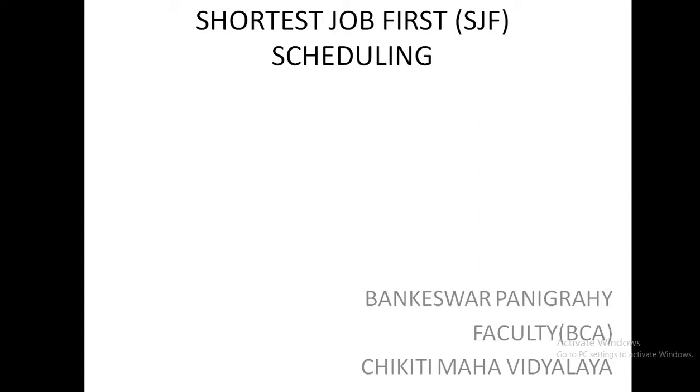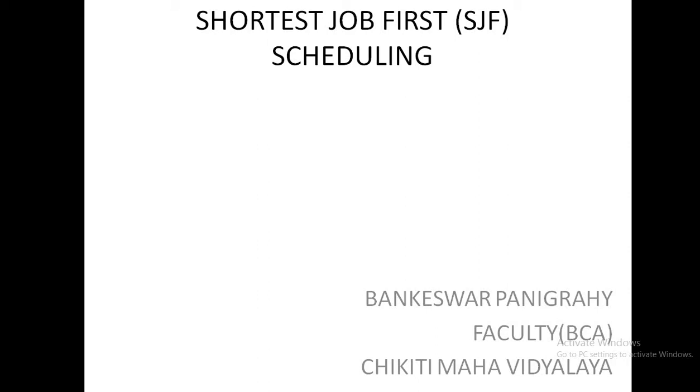So what is CPU burst time? The total time taken by the processor to execute one job is called the CPU burst time for each and every job. By seeing the CPU burst time, we are going to prepare our schedule in shortest job first scheduling.